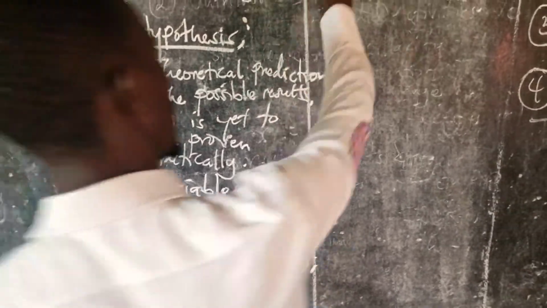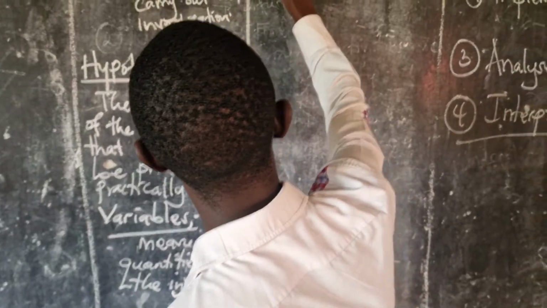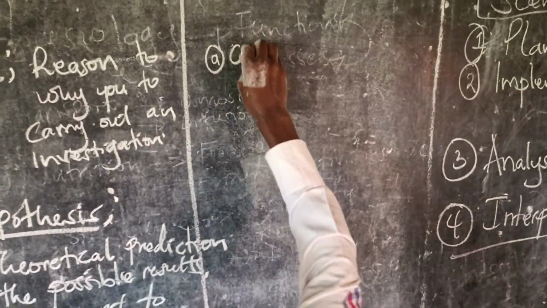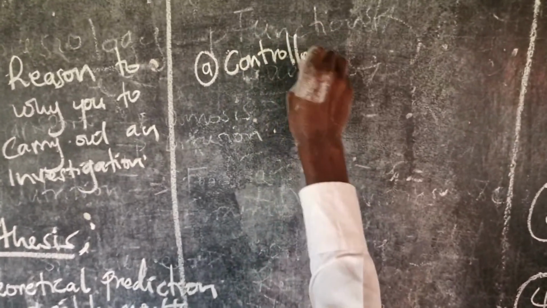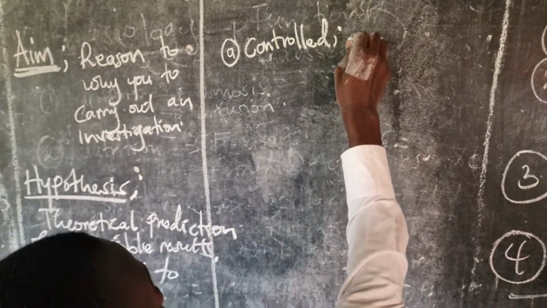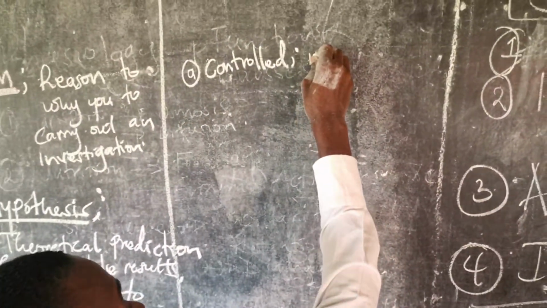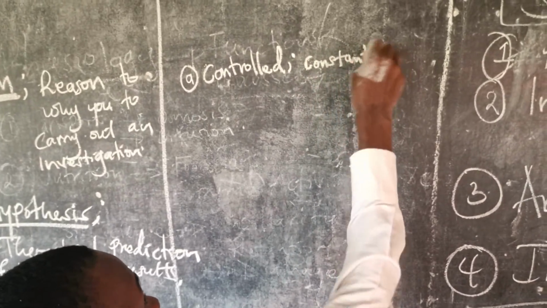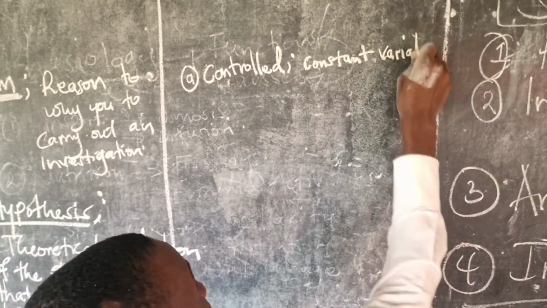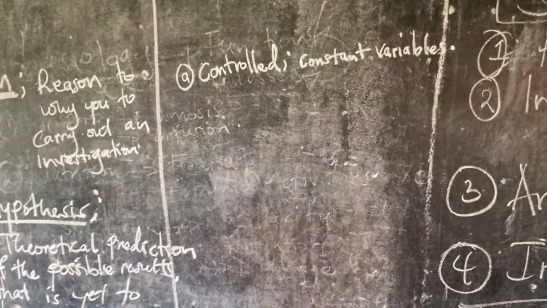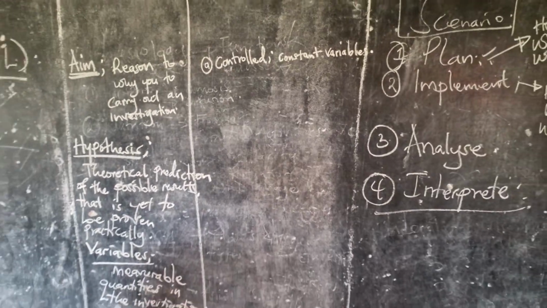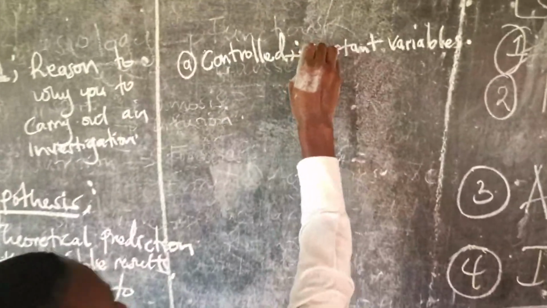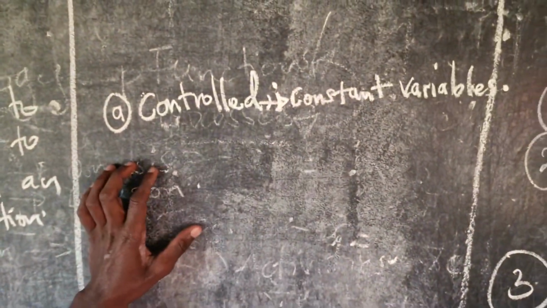The variables are of three categories. The variables may be controlled variables if they are kept constant. If they are to be kept constant, they are always referred to as controlled variables.